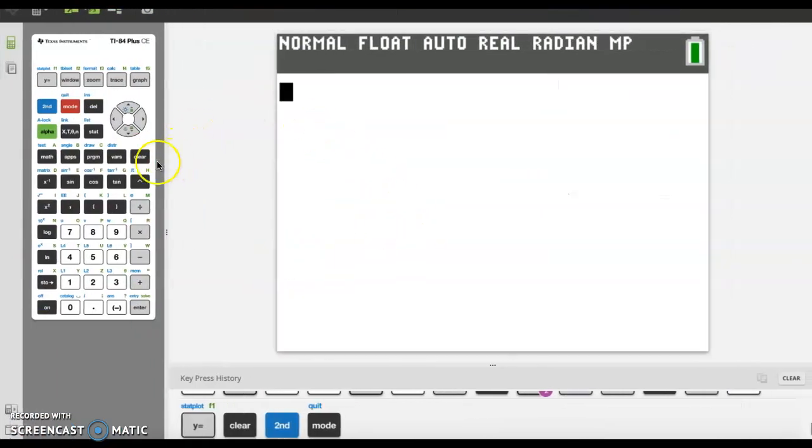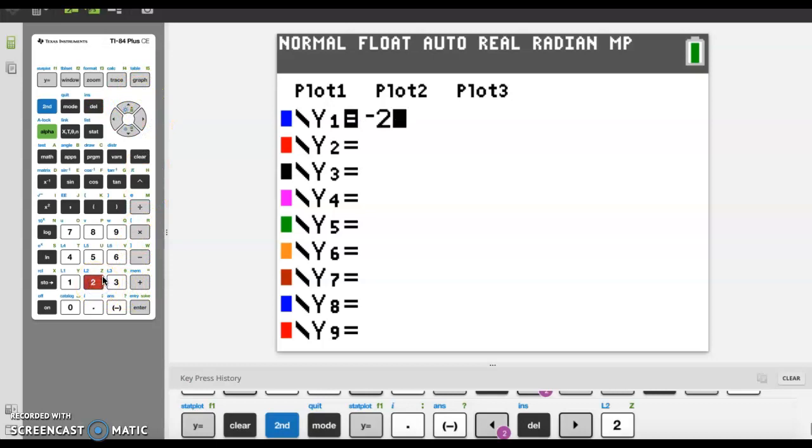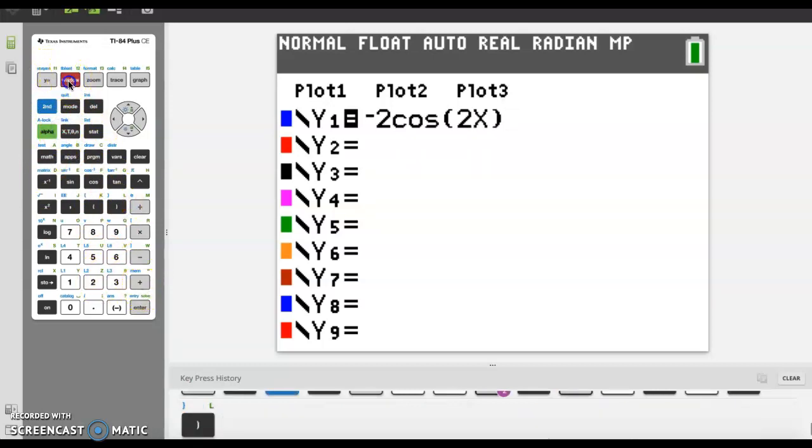You can check these on your calculator. So for this one I just did, which is -2 cosine 2x, I'm going to set up my window.